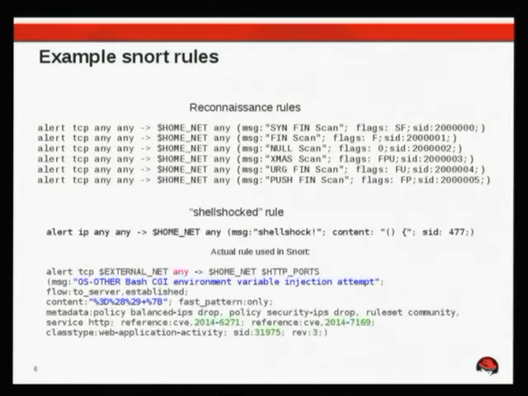And to show another example, last year's Shellshock attack was quickly put into the community rule set, like in the same week. It turned out there was just a simple 4-character signature that could be used to detect that. You can see that in the content field. The one in the middle is the demo that I use in the class I teach. The one on the bottom is the actual rule, which has all the nuances to make it hardened for real-world use cases.